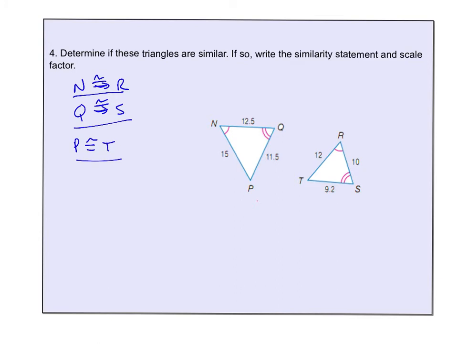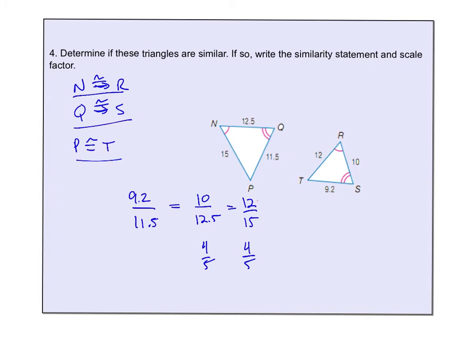Now I have to consider, does 9.2 over 11.5 equal 10 over 12.5, and does that equal 12 over 15? Are those things equal to each other? 12 over 15 becomes 4/5. 10 divided by 12.5 also becomes 4/5. 9.2 divided by 11.5 also becomes 4/5.